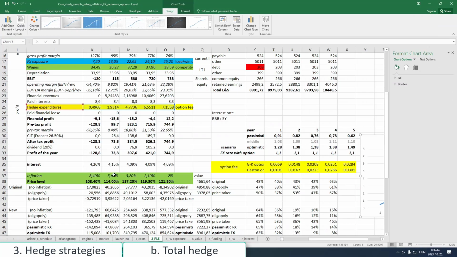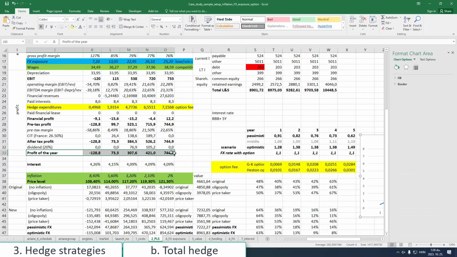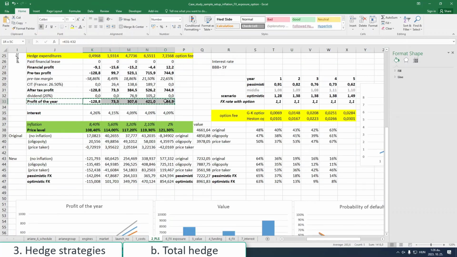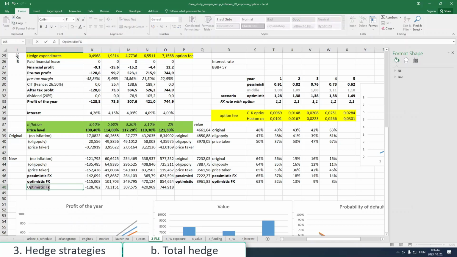Okay, and now we just have to compare profit for the year, Garman-Kohlhagen option, and we will have also the Heston option.